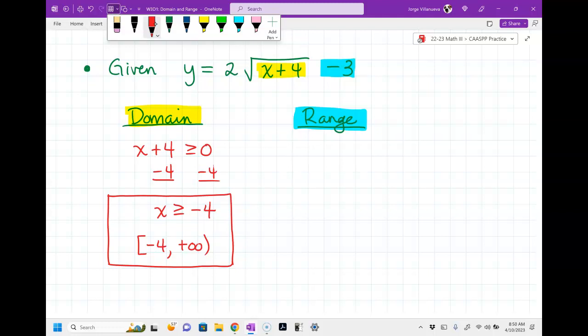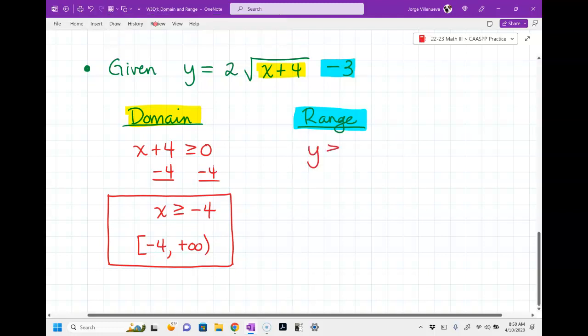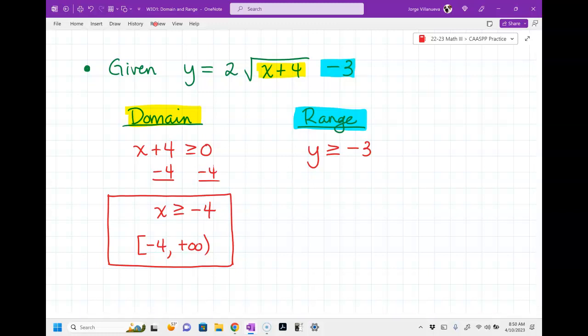After that, it can go higher than that. So I'm just going to write y is greater than or equal to -3. Or if you want to write it like this, -3 to positive infinity. And that's how you find your range. Just look at that very last number.